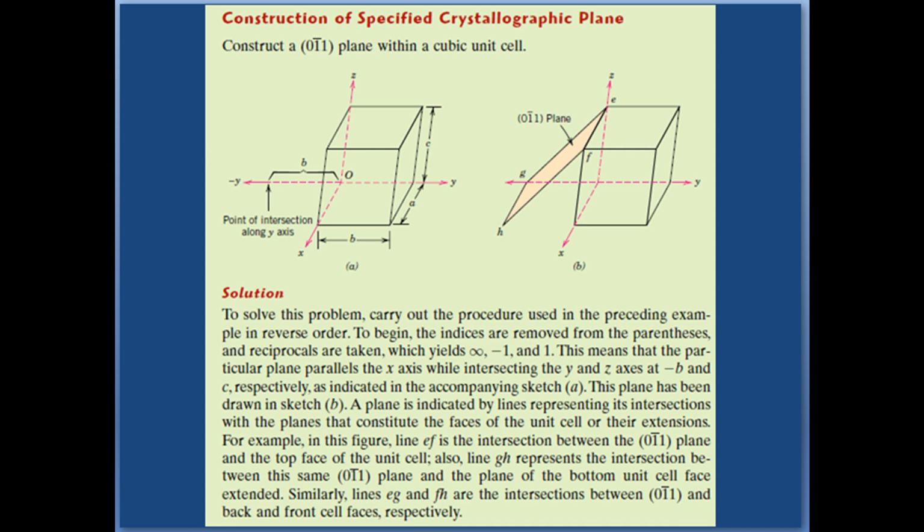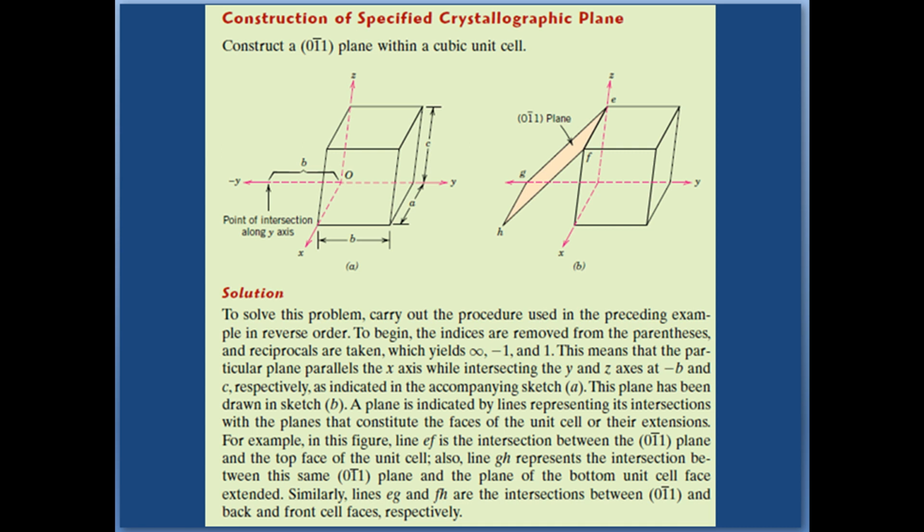This means that the particular plane parallels the x-axis while intersecting the y and z axes at minus b and c respectively, as indicated in figure A. This plane has been drawn in figure B.